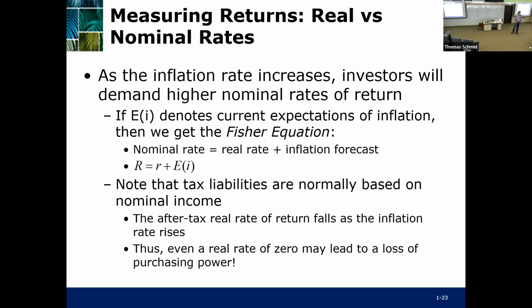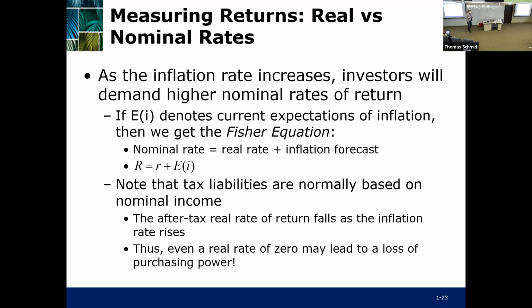Because the tax authorities, typically they look at your nominal rate of return, and then they calculate your taxes based on the nominal rate of return. So actually you have a 10% nominal rate of return, which means you have to pay tax on this 10% return, which makes your real return actually negative.